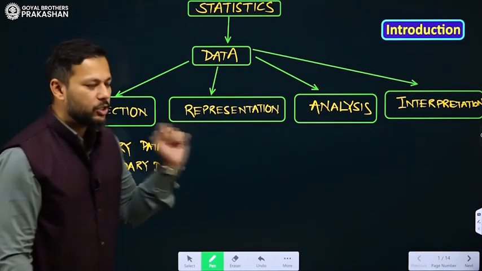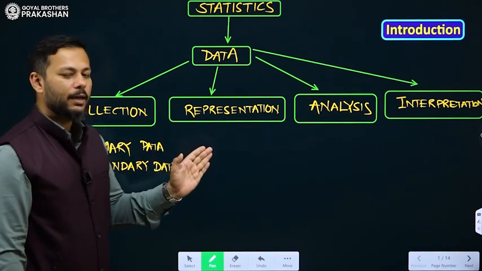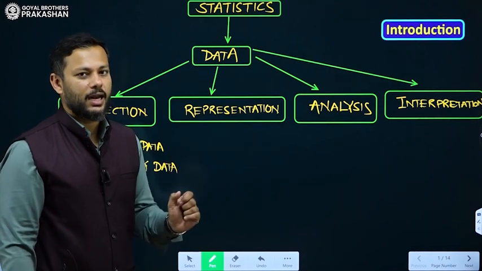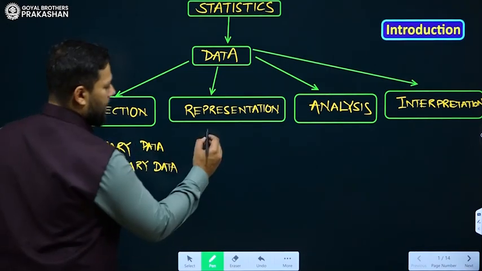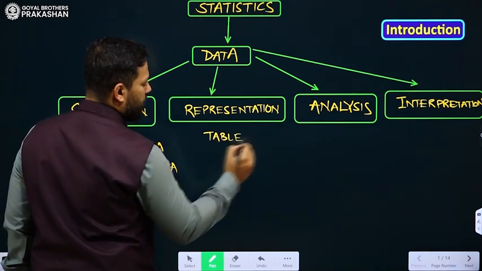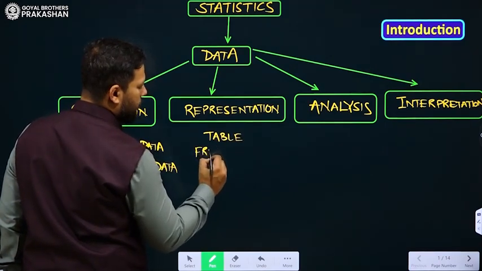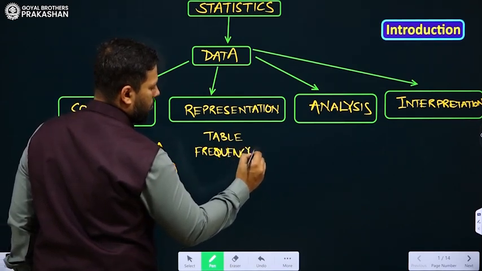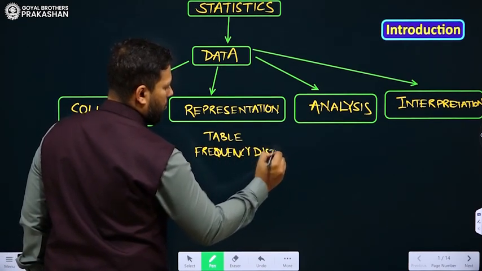Then representation comes. To represent data means to present it in such a way that it is easily understandable. For that we use tables, or in other words we can say frequency distribution tables. Right?